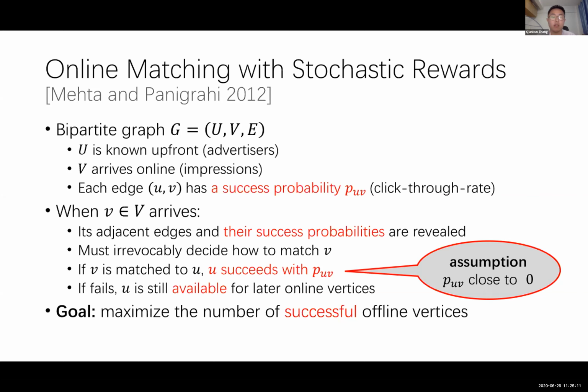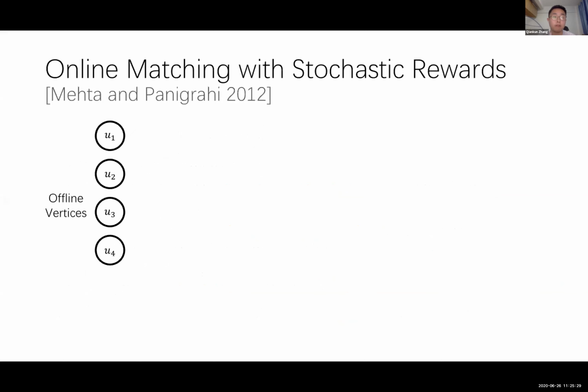The objective is to maximize the number of successful offline vertices. Our research will focus on the vanishing probability case where PUV tends to 0, which has been the focal point in previous research.